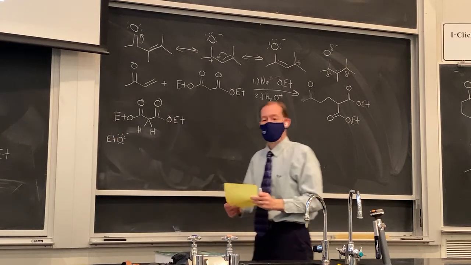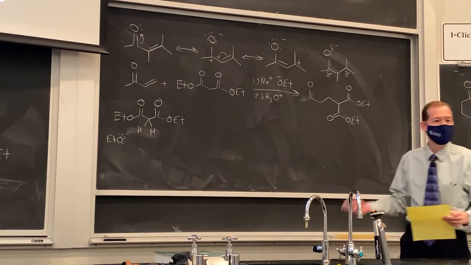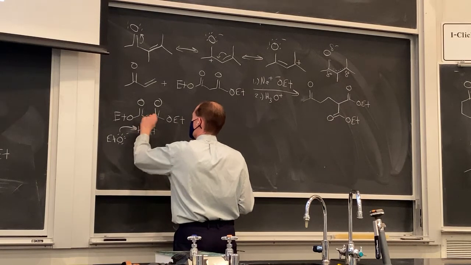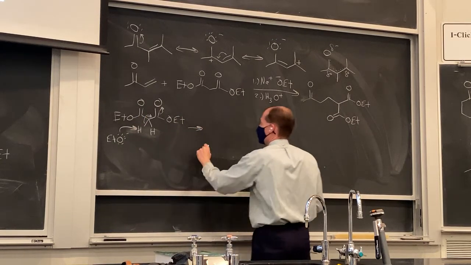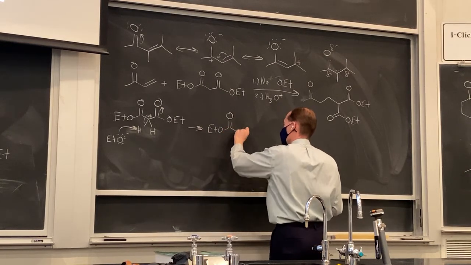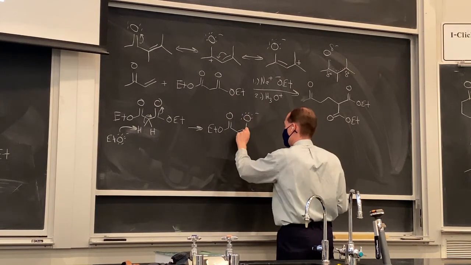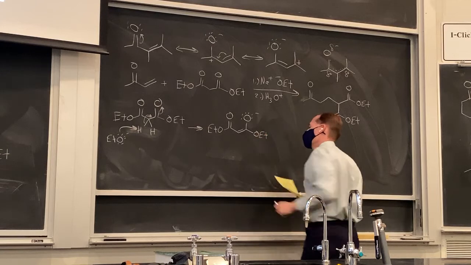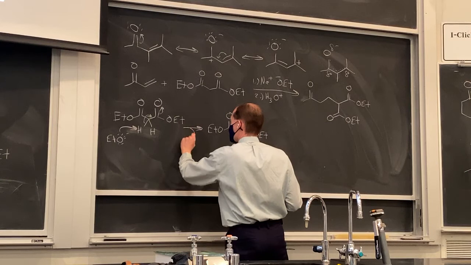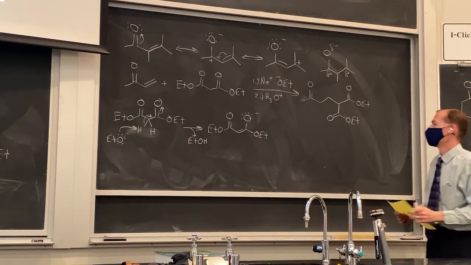Hopefully you can predict that our ethoxide is going to deprotonate our 1,3-dicarbonyl compound and make an enolate. That's going to be irreversible because it is resonance stabilized by an extra major contributor, and it's conjugated. So we're going to get this. We also produced ethanol in this reaction. That will come into play later on.